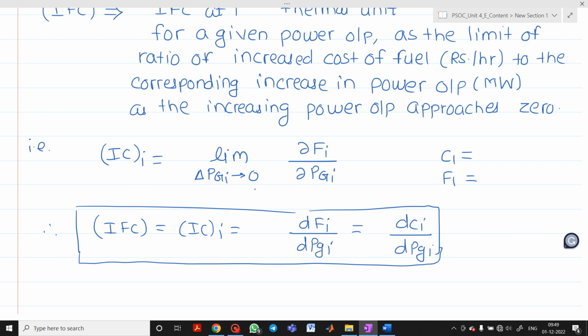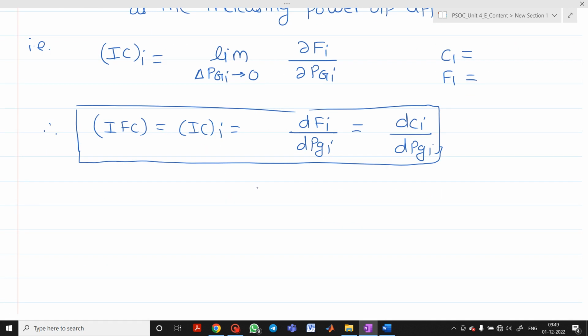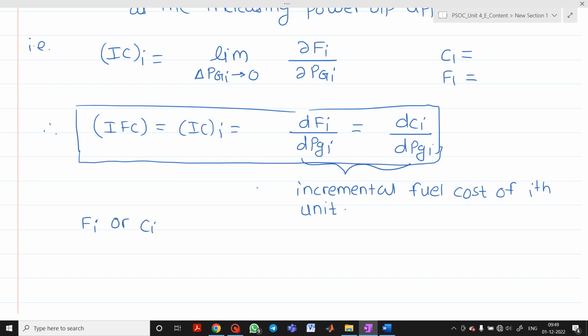So this particular dFi upon dPGi, which is written here on the right hand side, is called the incremental fuel cost of the ith unit, where this Fi, or sometimes we can write it as Ci, is nothing but, as I told you earlier, the cost of fuel of the ith unit.